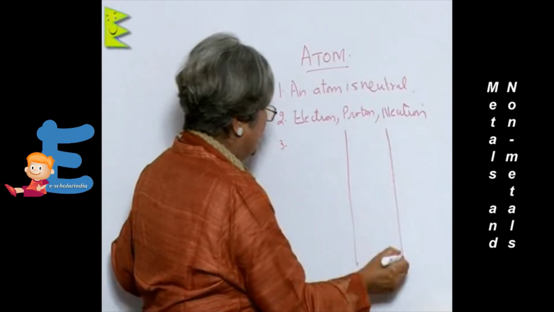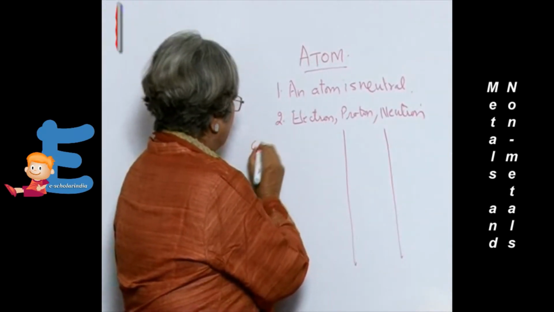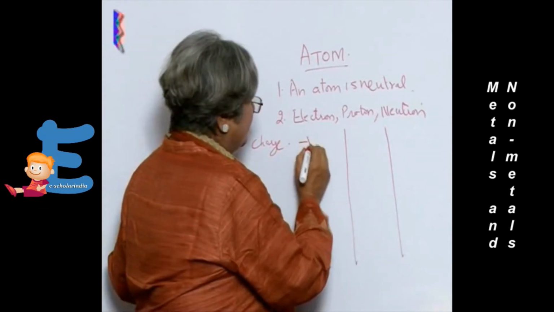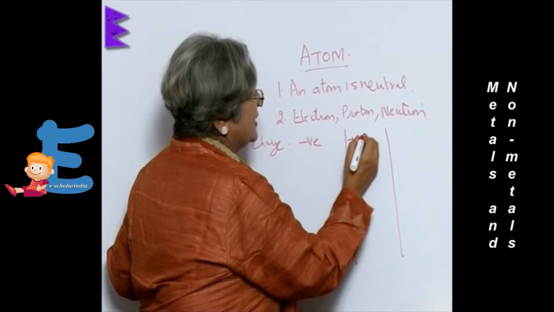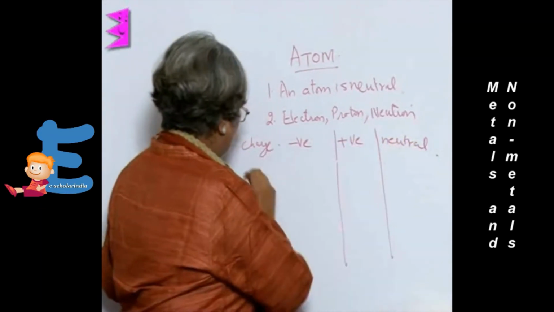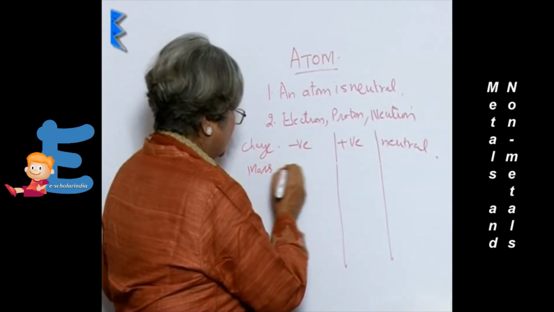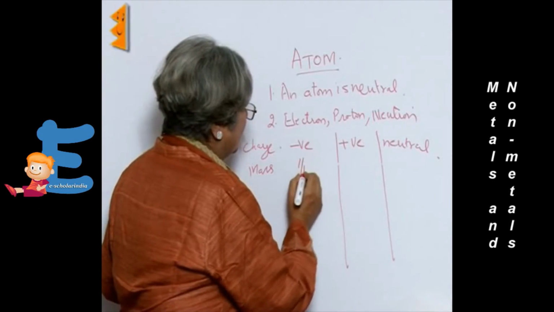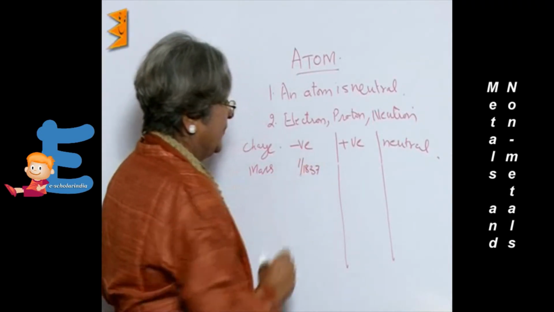If we make a table and first take charge, the charge of electron is negative, proton positive, neutron is neutral. Mass: electron has almost negligible mass, 1 by 1837.